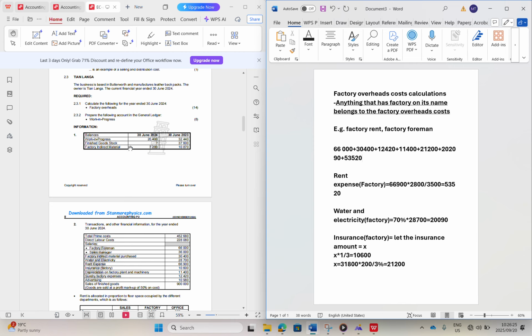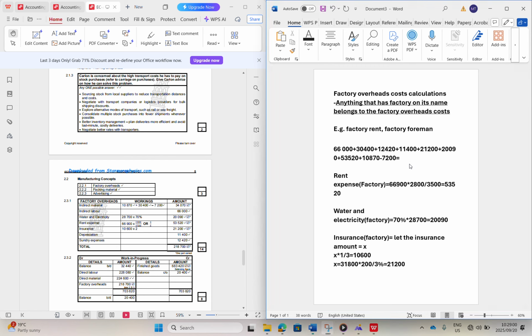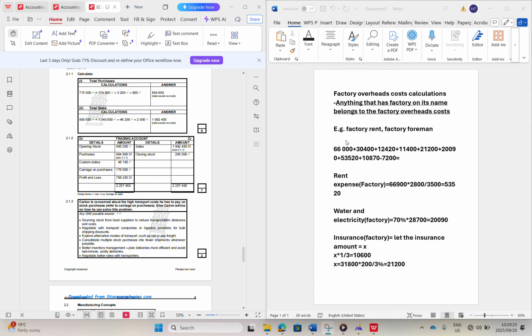So we add the opening factory indirect material 10,870, and minus the closing indirect material, which is 7.2.